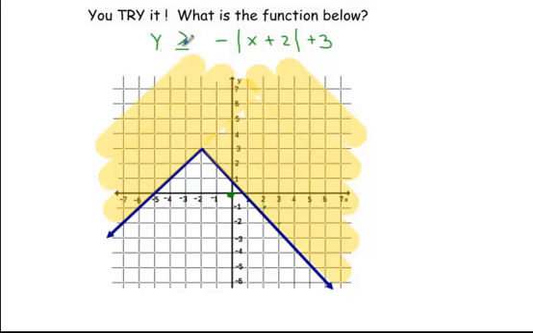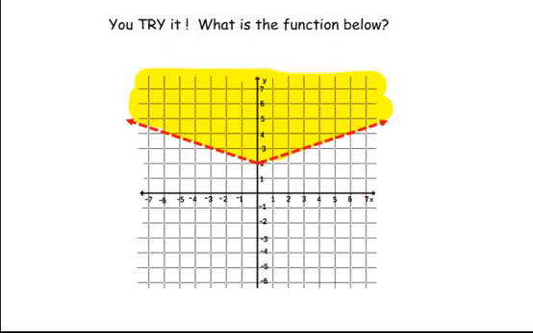So is 0 greater than or equal to, this will come out as a 2 and become negative 2 plus 3, that's 1. Is 0 greater than or equal to 1? No, this is false. So I got the false statement I was hoping for, which means greater than or equal to is a solution. Probably simpler if you just would have picked a point up here and found out, hey, that's true with the greater than or equal to. Okay, now try this last one.